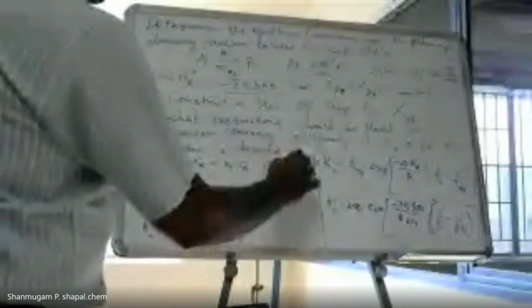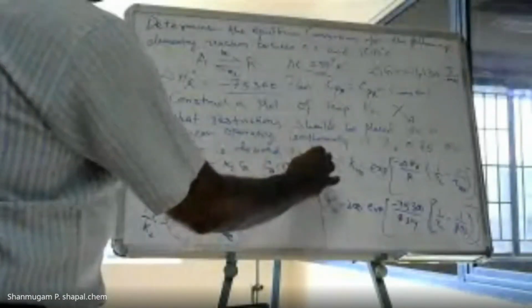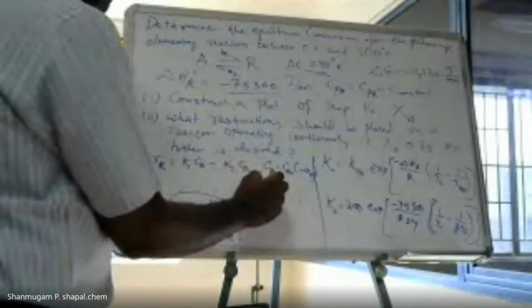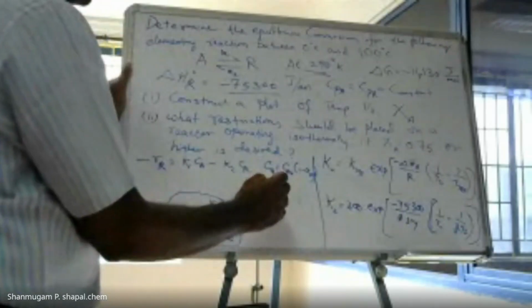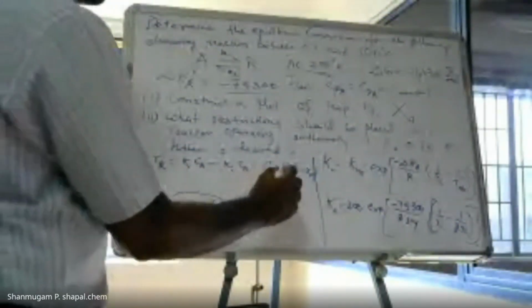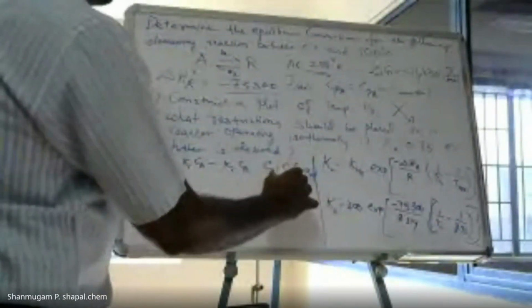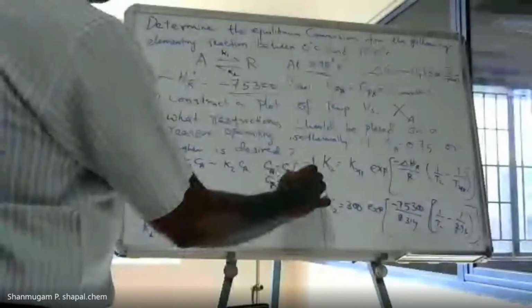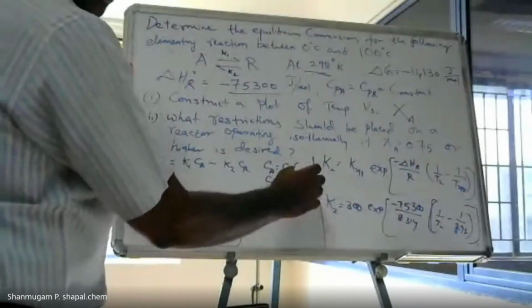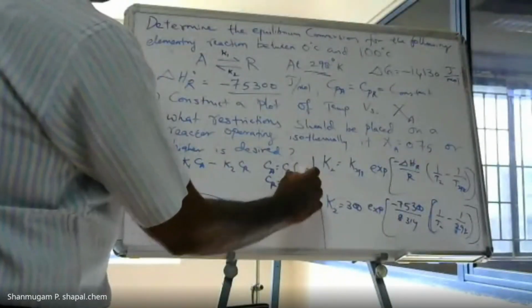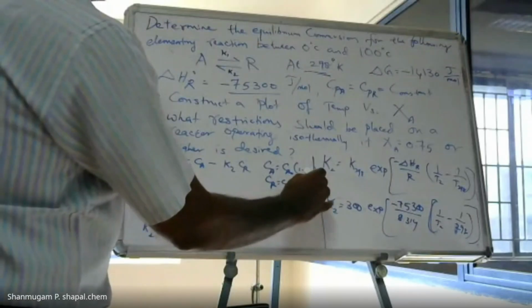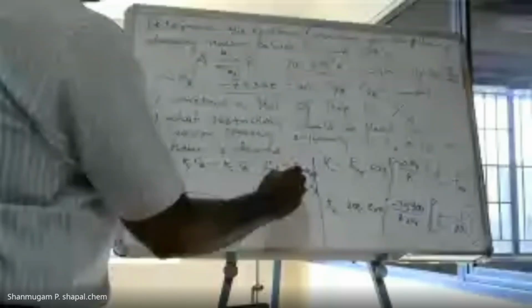CA will be equal to CA naught (1 minus XA), and CR equal to CR naught plus XA CA naught. So CR is XA CA naught.